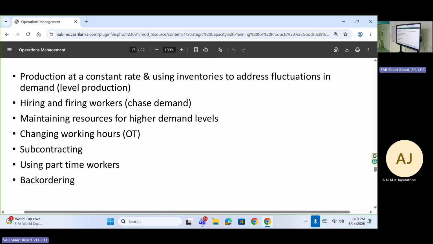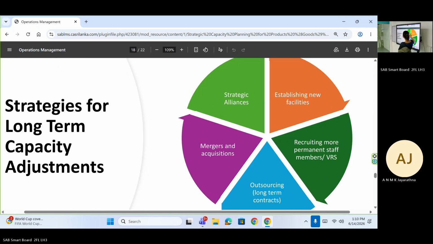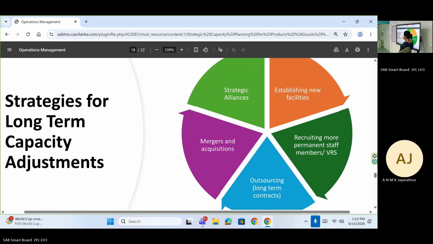Then write down the subtopic, long-term strategies. These are long-term strategies, right? Establishing new facilities. When they're constructing a new facility, that comes under long-term strategy. Then recruiting more permanent employees, not contract basis, not part-time.